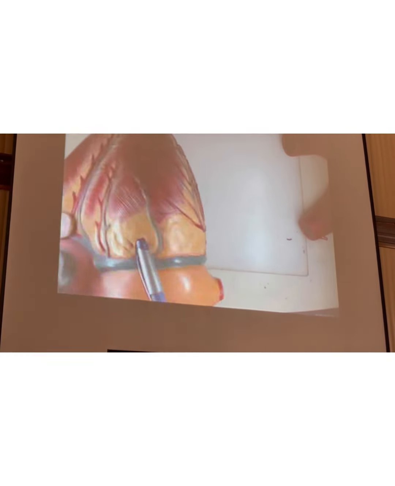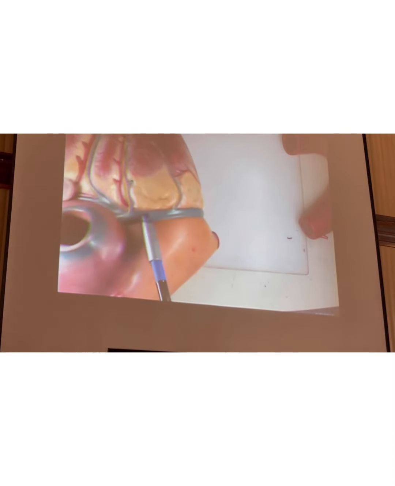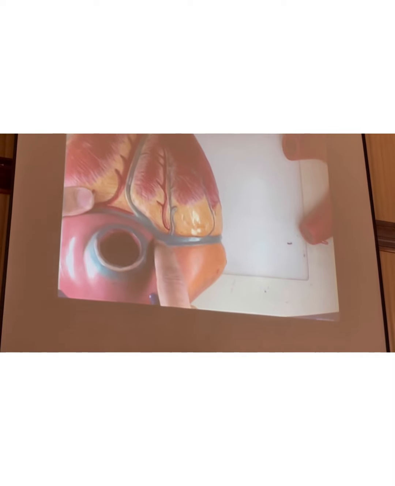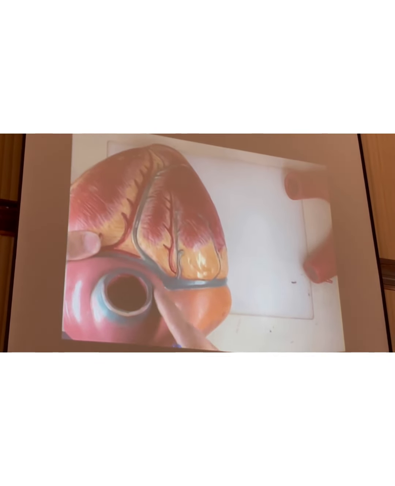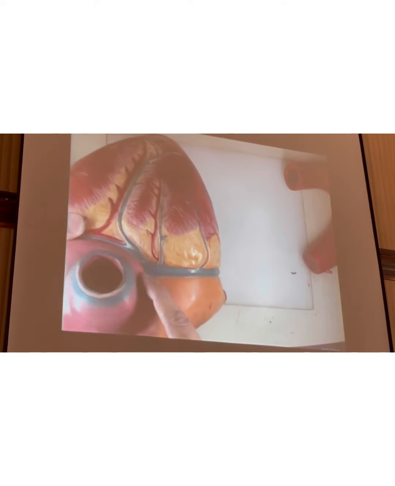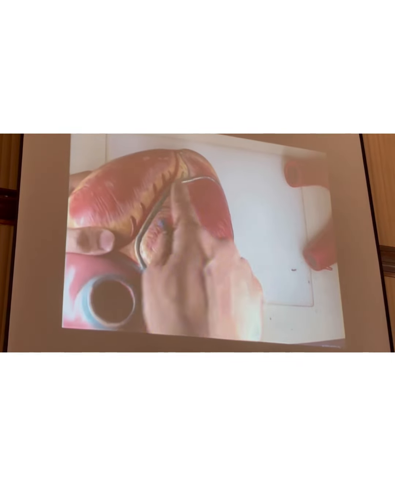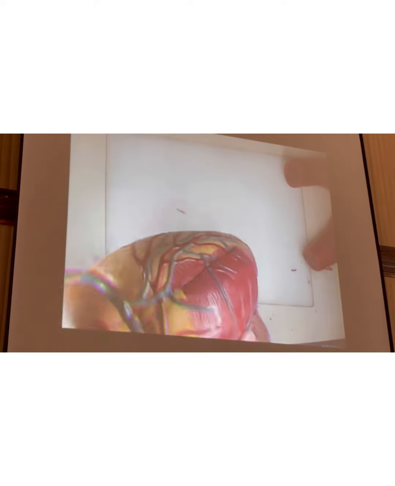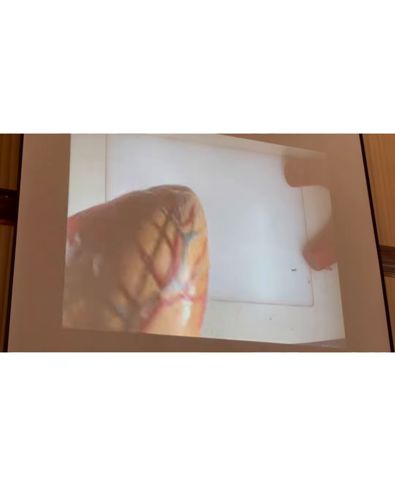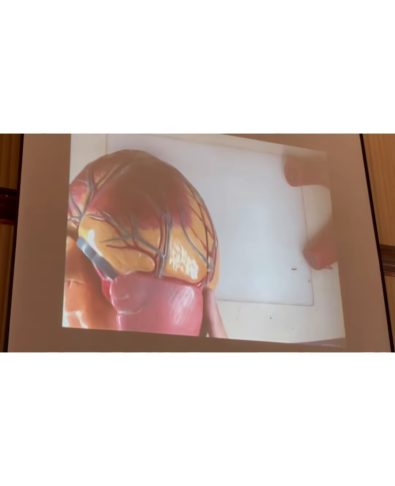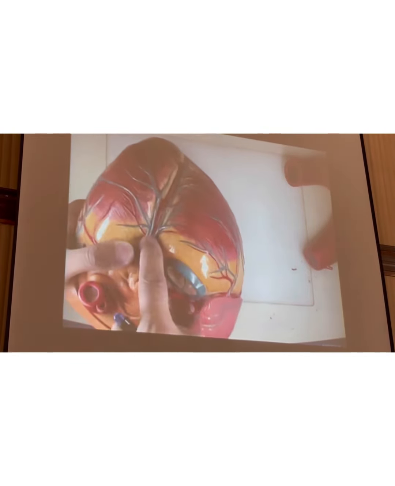They form together the coronary sinus. This is the coronary sinus, which drains into the right atrium. Clear? So these three veins: middle cardiac, lesser cardiac, and the great cardiac.